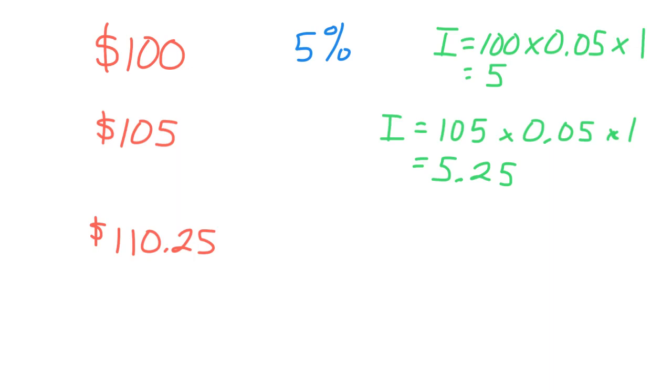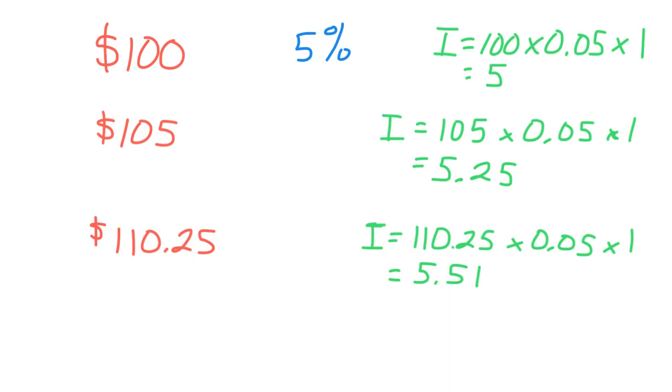And now if he still doesn't pay back the money for another year, the interest is going to be calculated on top of this $110.25. So now he's going to earn $5.51 in interest for the next year, bringing his total to $115.76. So if Bob borrowed this original $100, that's his principal.